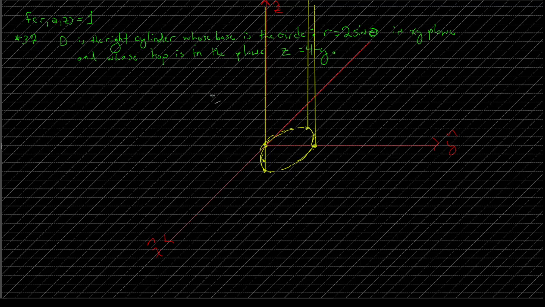And then I'm going to need to figure out how high up this is when y is 0. And that's going to be at 4. So I'll come up this axis at 4.